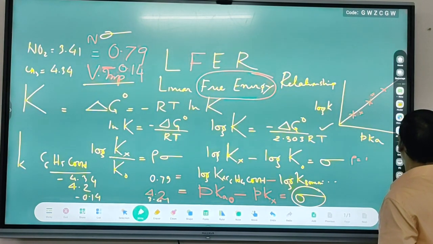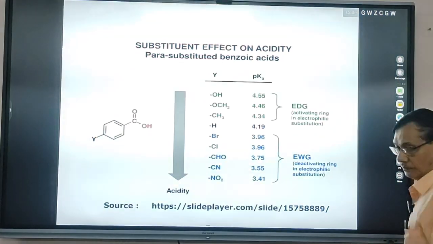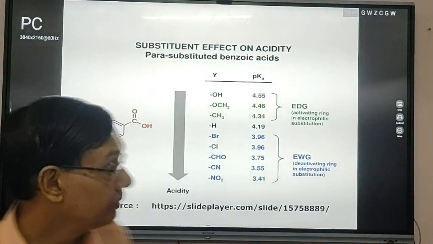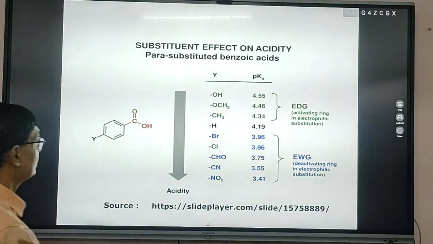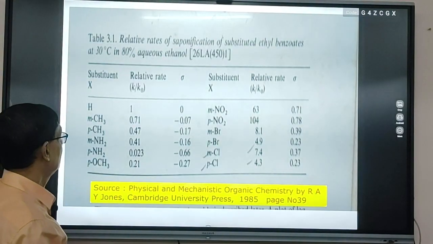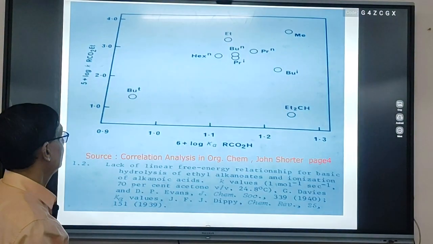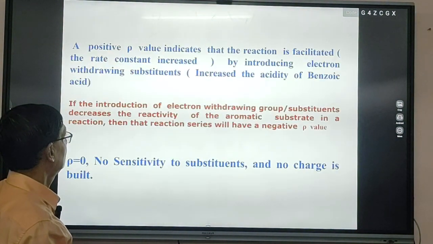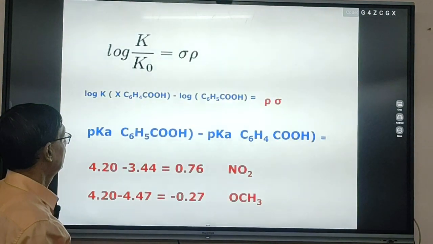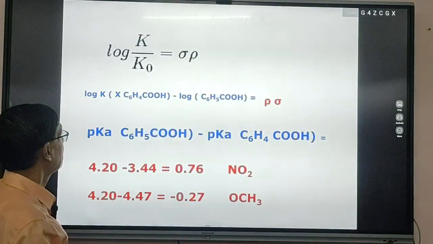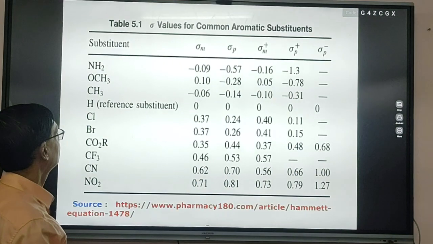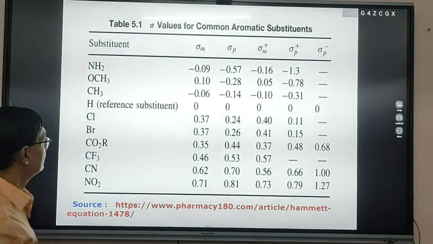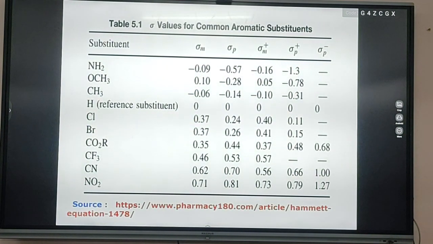So the value of the substituent constant, yes, you can write from there.